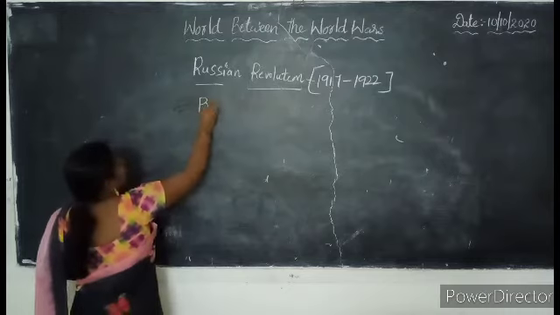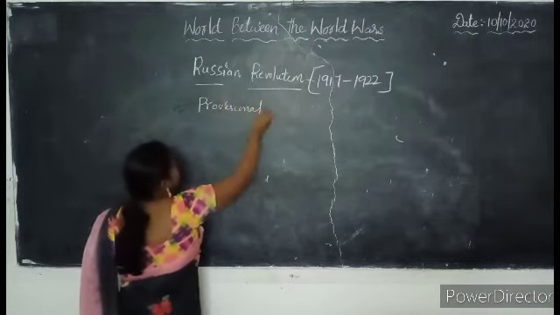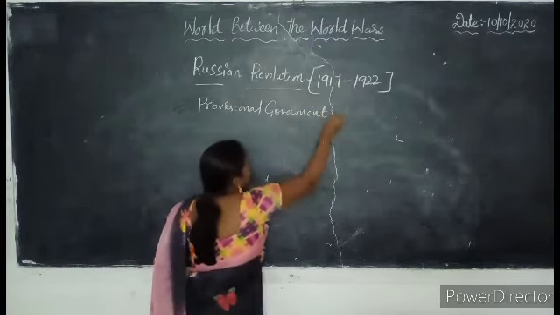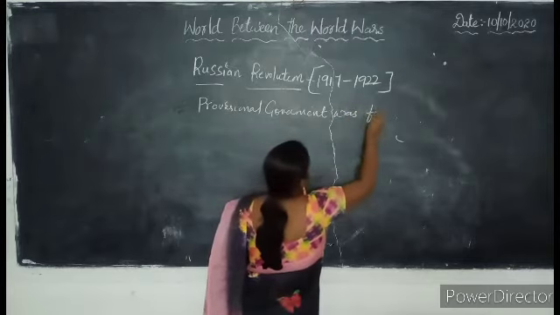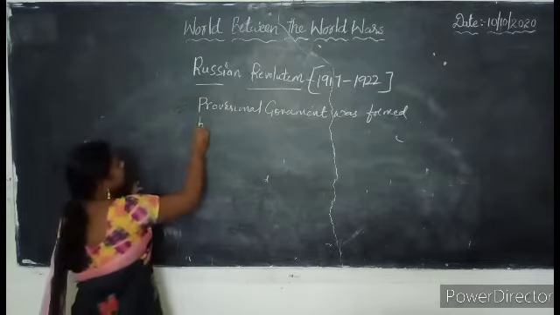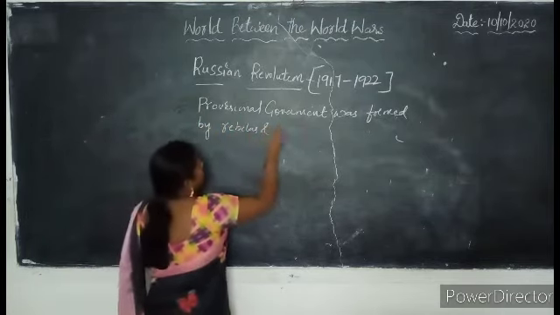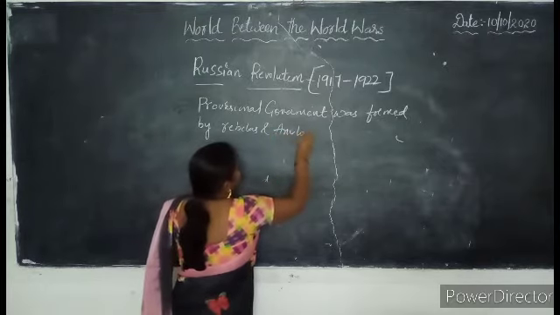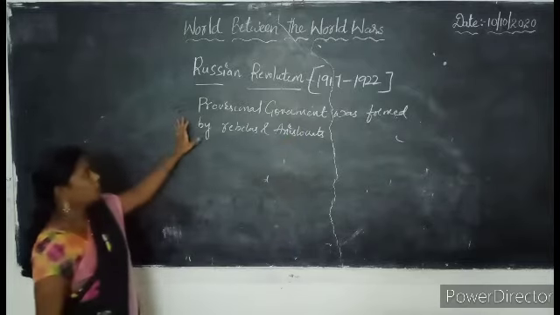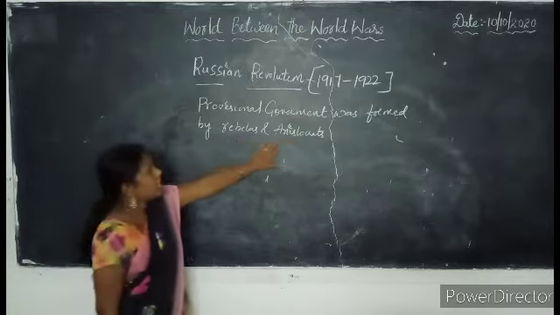The provisional government, formed in Russia by rebels and aristocrats.